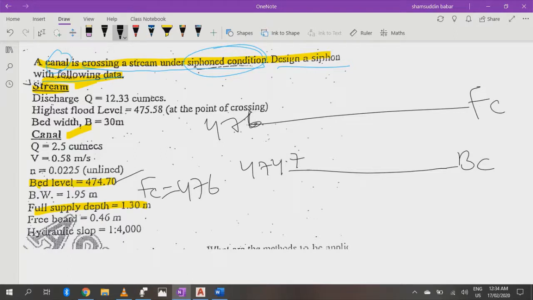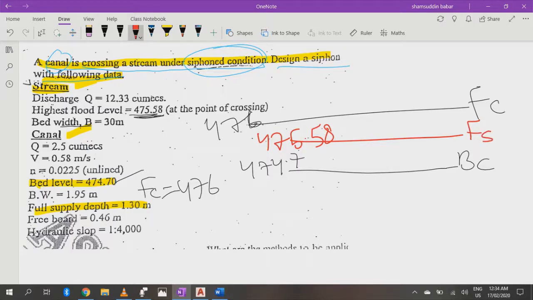Now I will check the stream. The highest flood level of the stream is given, and it is 475.8. I know that is the highest level, and 475.5 comes here. It is 475.58, and it is the full supply level of the stream.